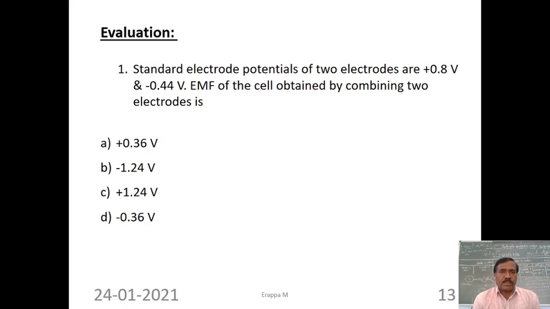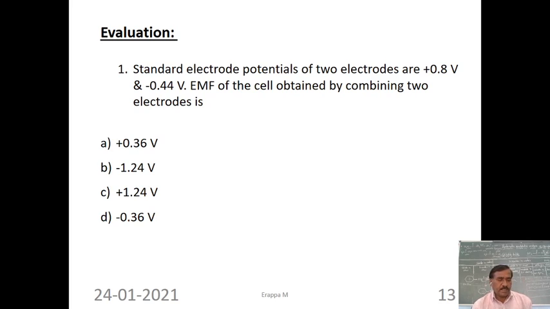Question number 1. Standard electrode potentials of the two electrodes are 0.8 volts and minus 0.44 volts. The EMF of the cell obtained by combining the two electrodes is? Two electrode potentials are given, calculate the EMF, which means E of right minus E of left.